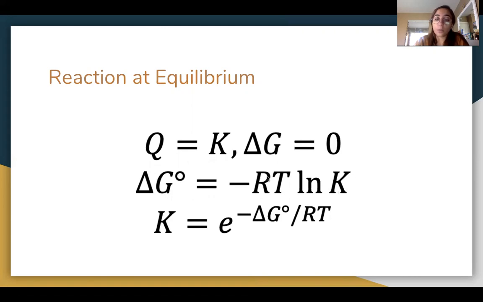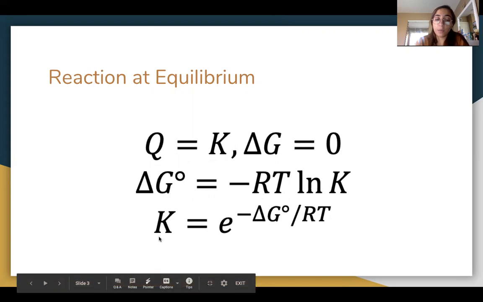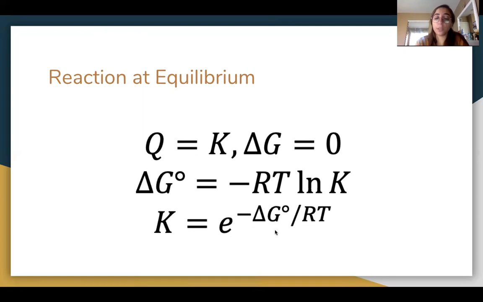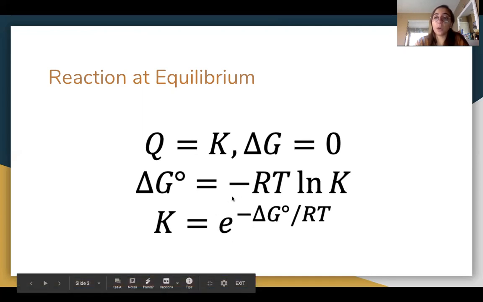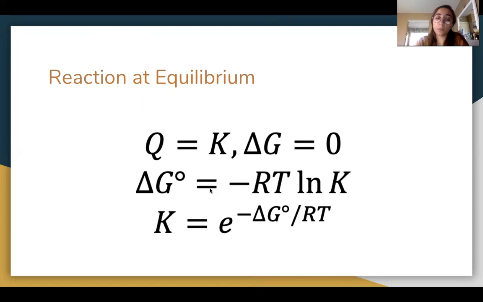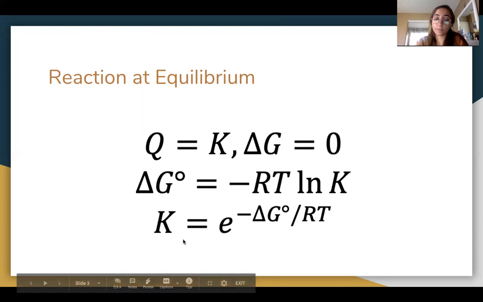And then we can also find K by setting it equal to e to the negative delta G over RT. So that's basically repositioning the variables in this equation to derive the value of K.